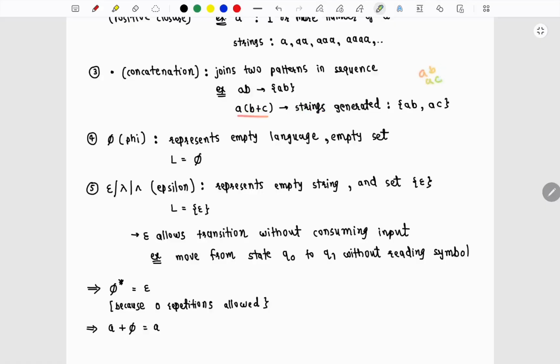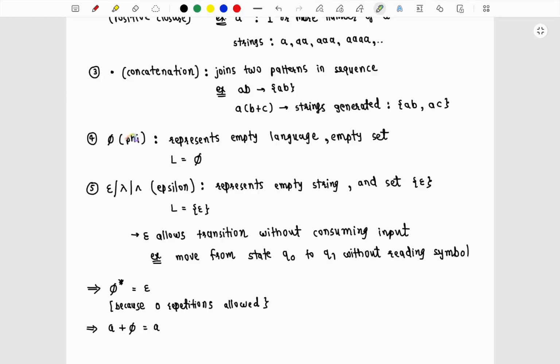Why? Because B plus C means we can take either B or C. We need to compulsorily take A first. So after A we can take B or we can take C. So there are only two strings generated from this regular expression.